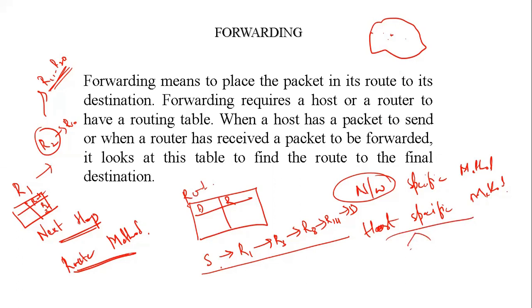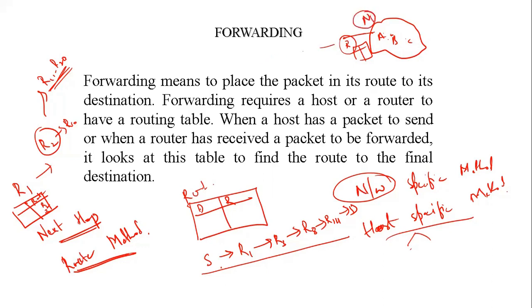In the network specific method, once the packet reaches the router which is connected to this network, over here it will have the individual host routes. So you may have host A, B, C, D. Only this router will have the route to the individual hosts, but all the other routers will only have the route to the network.